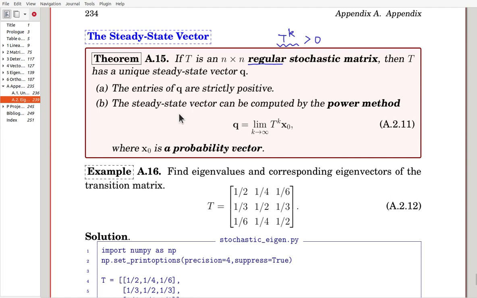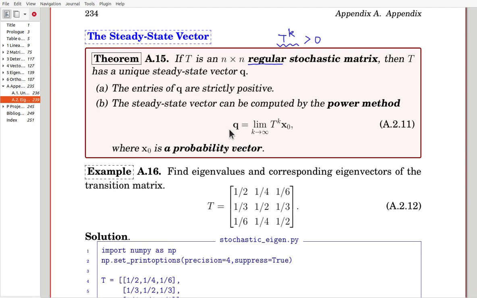The steady state vector can be computed by the power method. We just multiply by T each time, and later on it converges to the unique steady state vector.